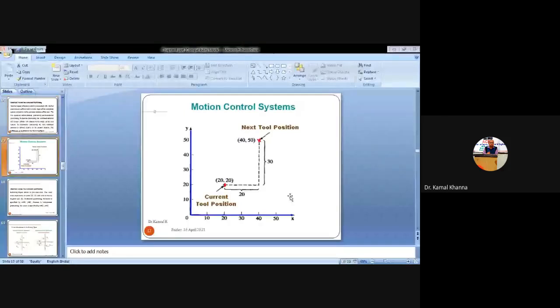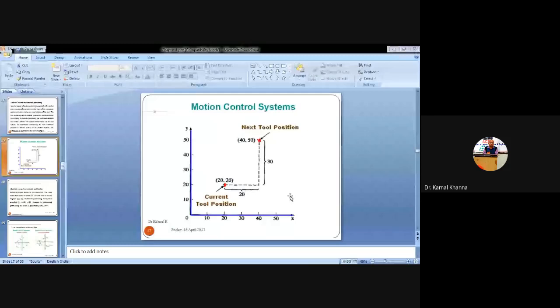In this figure, consider point A and point B. Let us say point A has the coordinates 20, 20 and B has 40, 50. Whenever your tool has to move from one point to the other to perform the operation, at point A, X is 20 and Y is also 20, and the next position of the tool is 40, 50.